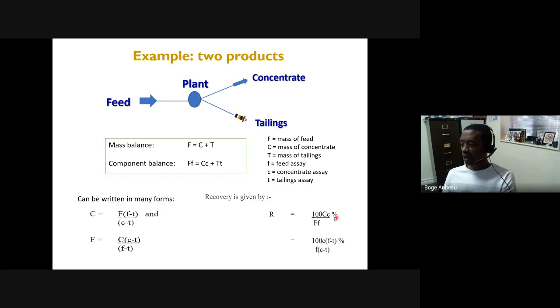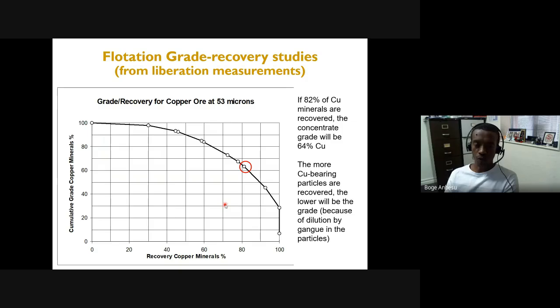So recovery is whatever is in the concentrate times the mass of the concentrate divided by the feed times whatever valuable you have in the feed. So those are fractions, okay? So again, I think calculating recovery is probably one of the simplest things you can do, but to get to that, you need to have done a proper accounting of what's going on.